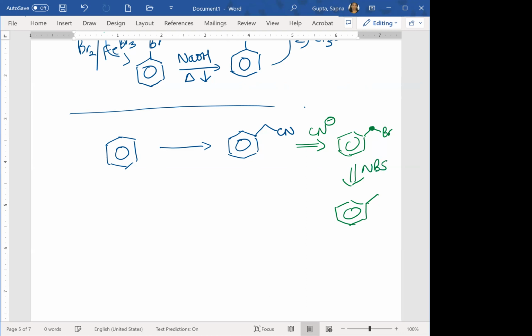NBS, that should work. And how do you get toluene? You can get toluene from benzene by using CH3Cl, AlCl3. So not that complicated. I just finished that even in retrosynthesis. I don't even have to write the forward synthesis for it.